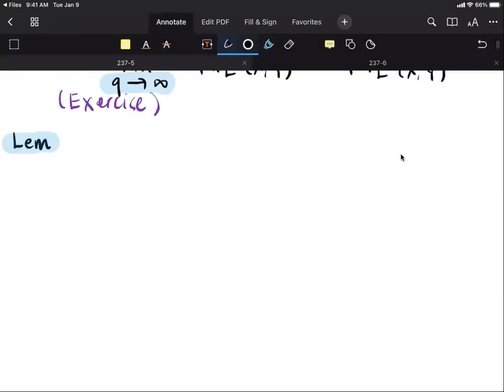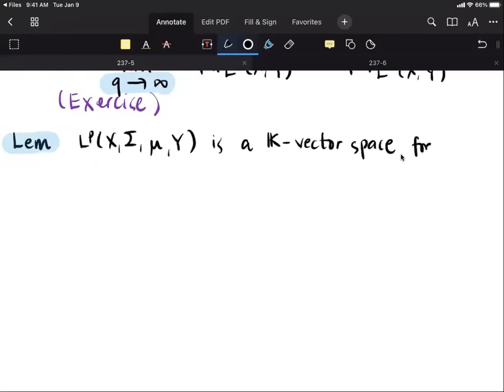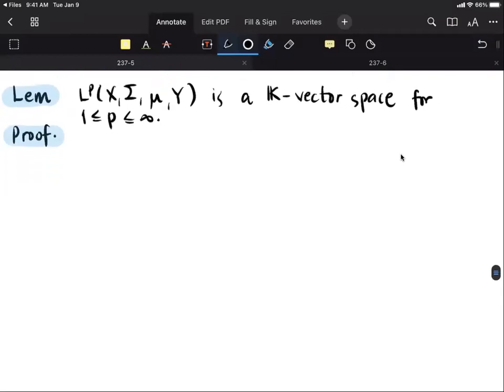So the Lebesgue space LP of (X, sigma, mu), so that's the measure space, is a vector space over the field K. Whatever the field for the Banach space Y, that would be the field for this Lebesgue space, for P from 1 to infinity. So let's start the proof.